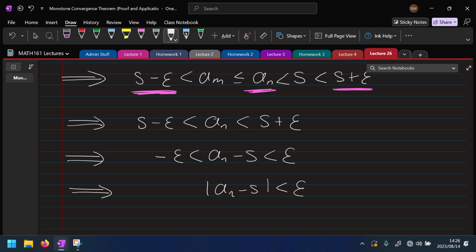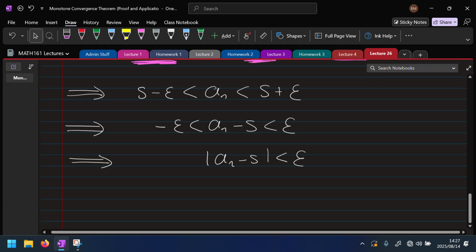What do we end up with? So what can we say about the limits of AN as n goes to infinity? That difference there? S, yeah. Good.